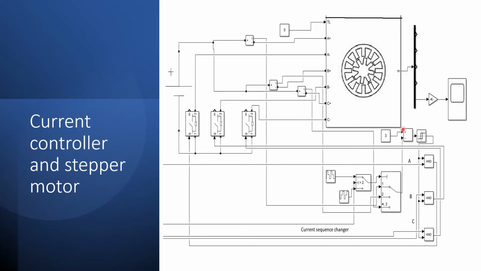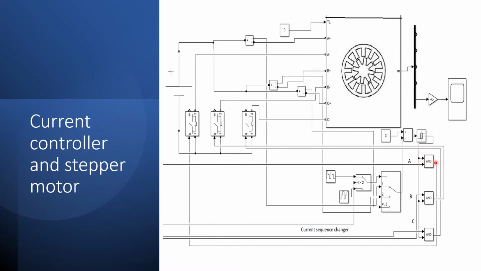This part is the current controller which compares the measured current with the reference current, and it operates the hysteresis relay switch, and it produces a signal, and that signal is given to a logic gate, an AND gate. So the outputs of these AND gates are connected to the switches 1, 2 and 3 according to the logic state.